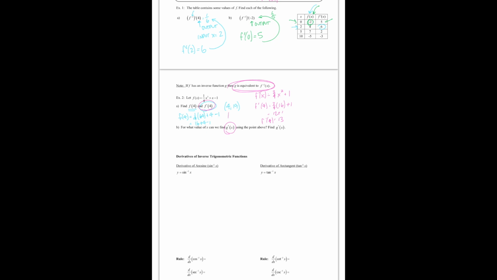If this was the input and this was the output, I should be able to find the derivative of the inverse when x is 19. I'm looking at the output, and I know what it's going to equal. It's going to equal the reciprocal of this number, which is 1/13. So g prime of 19 should equal 1/13.